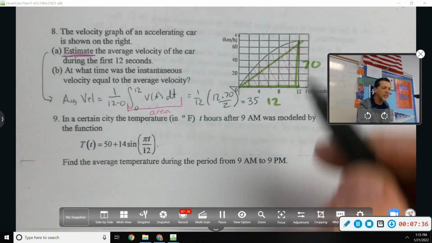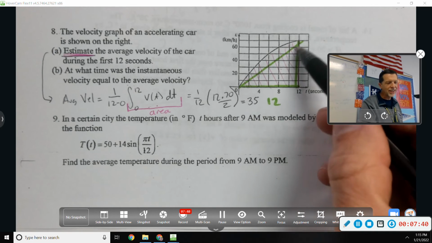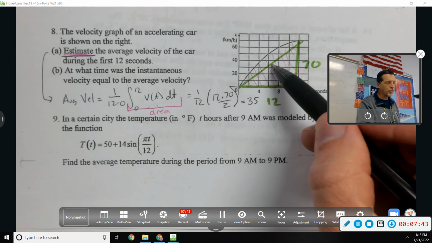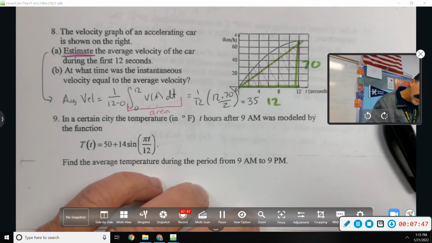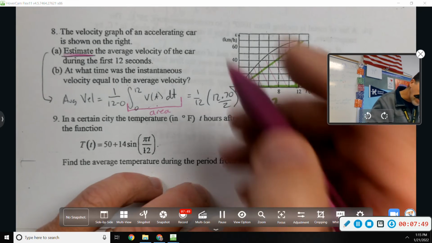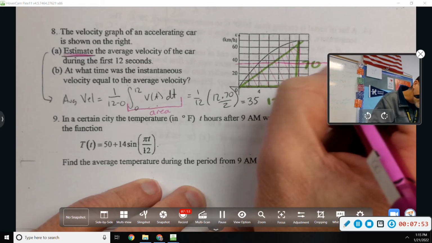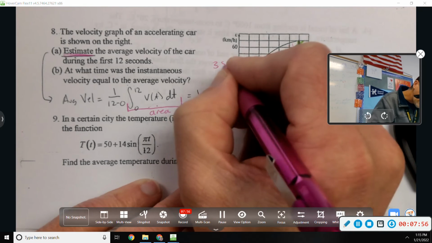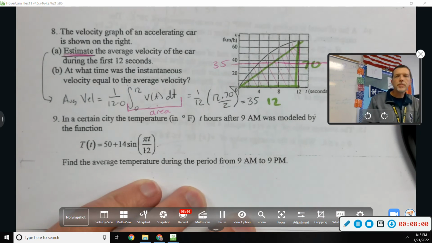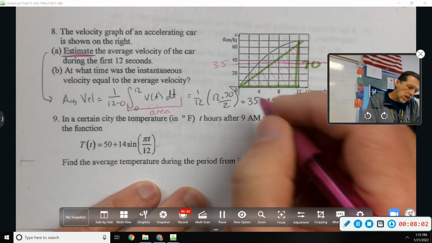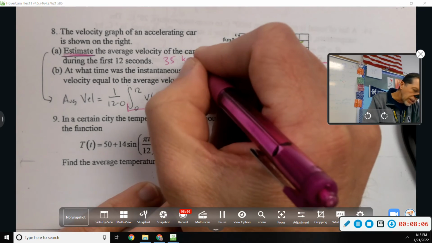Which I guess makes sense, because if this thing goes from 0 to 70 in a linear fashion, then the average would be 35. So we're saying 35. That's not exactly right, but we didn't need to be exactly right. There's our average velocity. So 35, and then whatever units we're in, kilometers per hour.